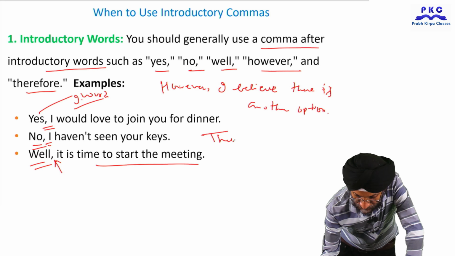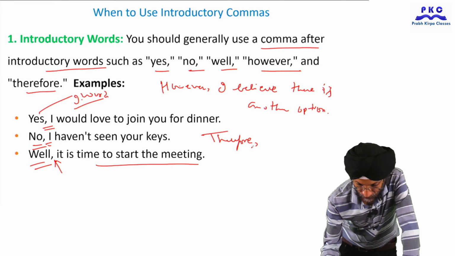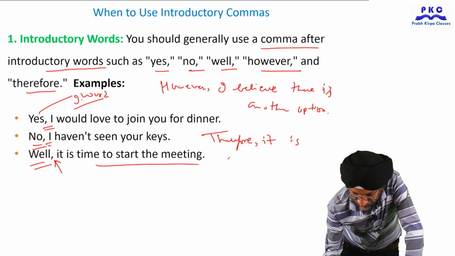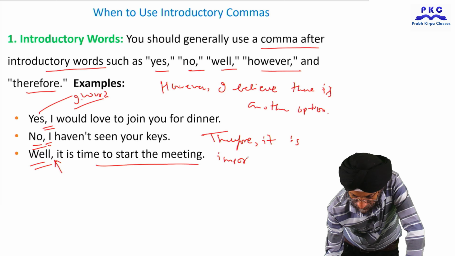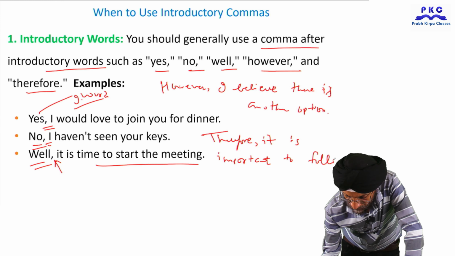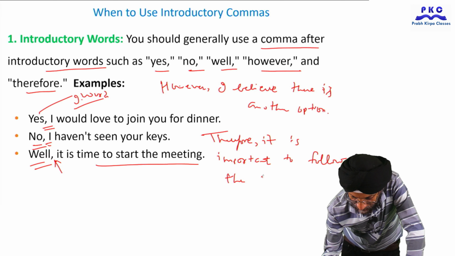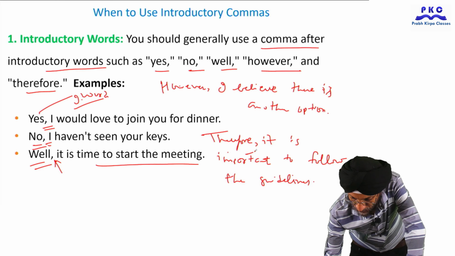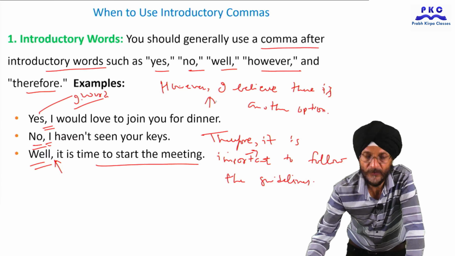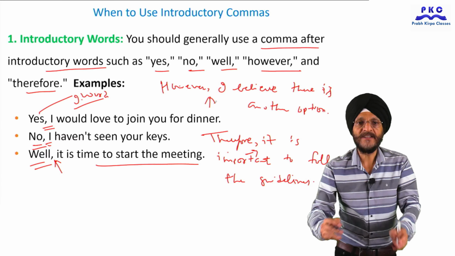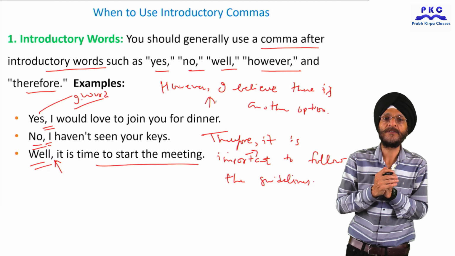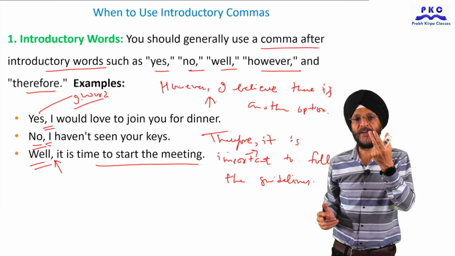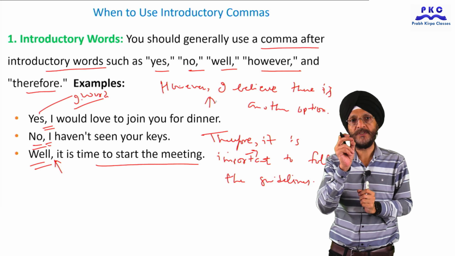Another example, therefore, it is important to follow the guidelines. So after therefore we have used an introductory comma. So yes, no, well, however, therefore, moreover, these are all introductory words, and after introductory words we use an introductory comma.